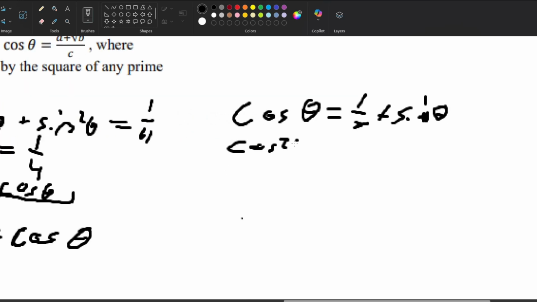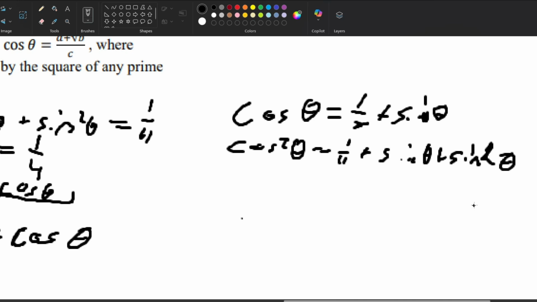Cosine squared theta is equal to 1/4 plus sine theta plus sine squared theta. But then how do I get to what I had before where I just got 1? Oh, maybe I have to divide by sine or something? Because I had sine times cosine.